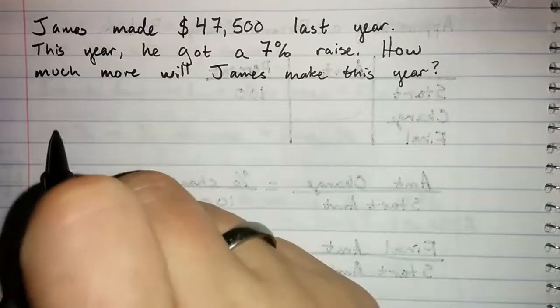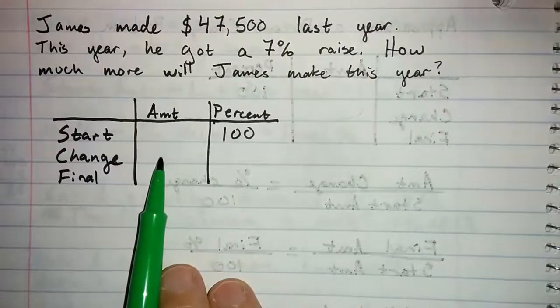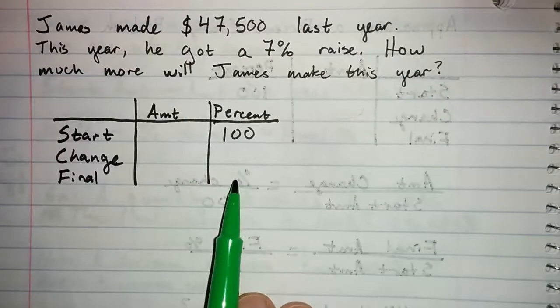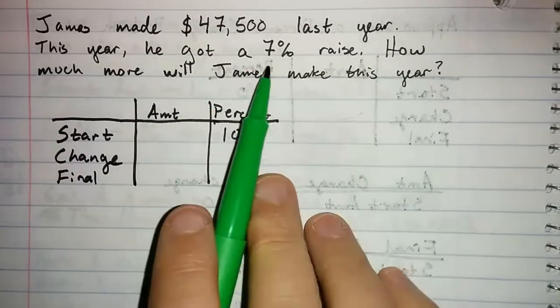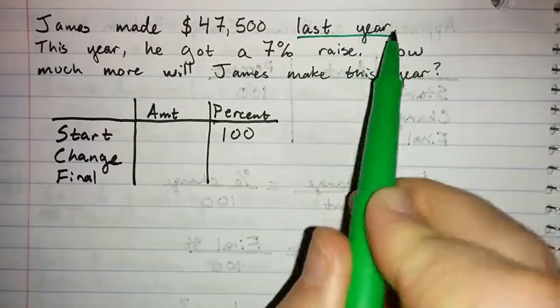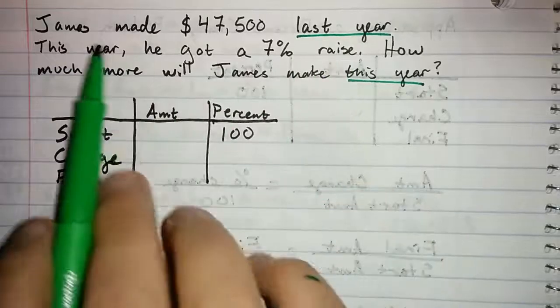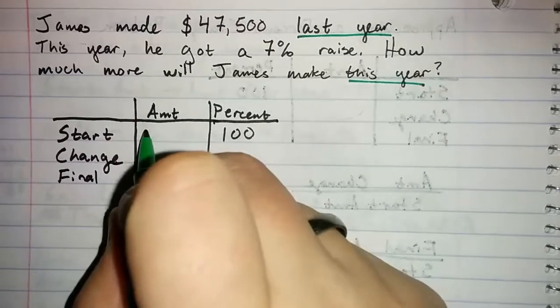Okay, the 5 things we could be interested in are the starting amount, the amount change, and the final amount, the percent change, and the final percent. In this problem, we're interested in last year and this year. So last year is where we started. James made $47,500 last year.